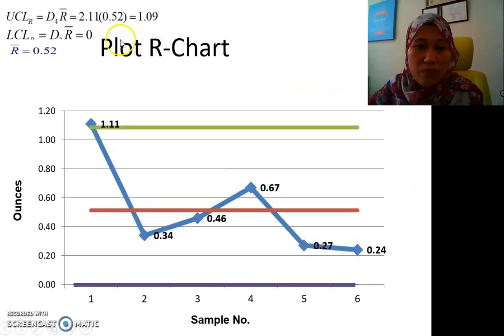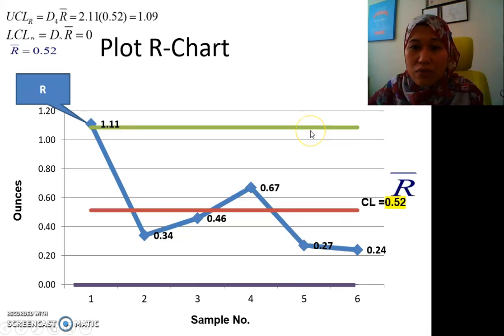Now we need to develop the R chart. We need to set the scale, and these are the sample numbers. Again, what do we need to plot here? This is the R value that we calculated in the table, remember? So we plot samples 1, 2, 3, 4, 5, and 6. And don't forget the central control limit, the R bar, which is 0.52.